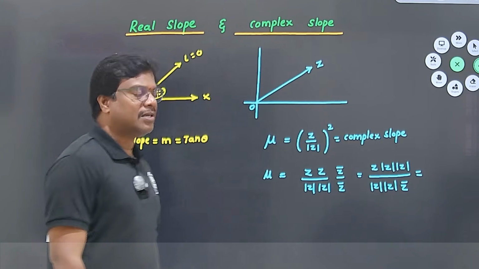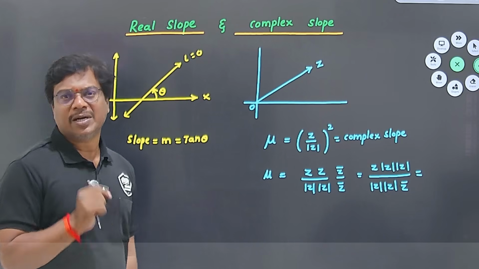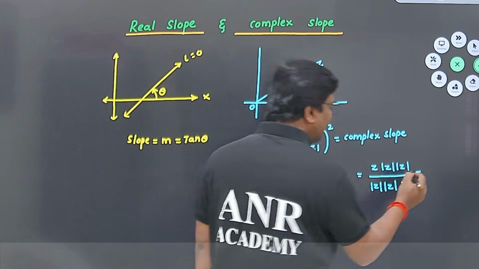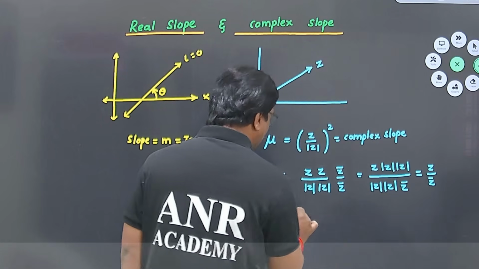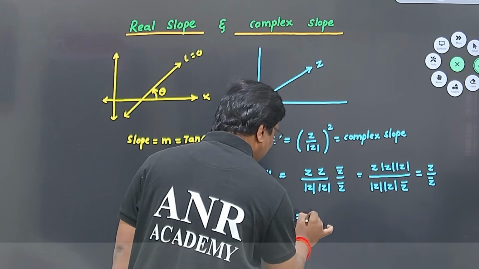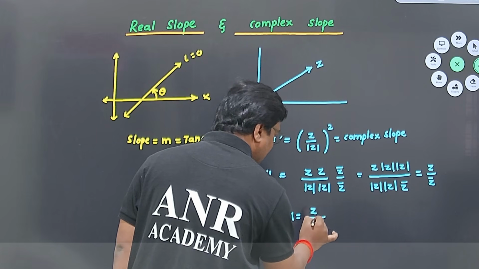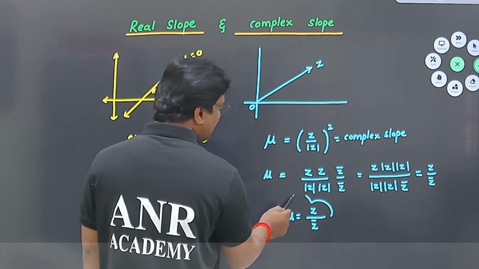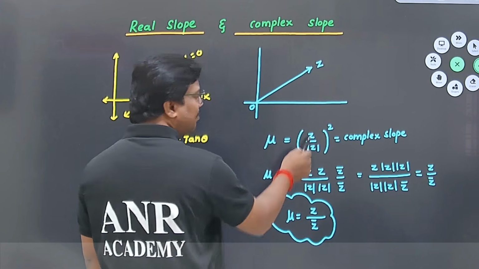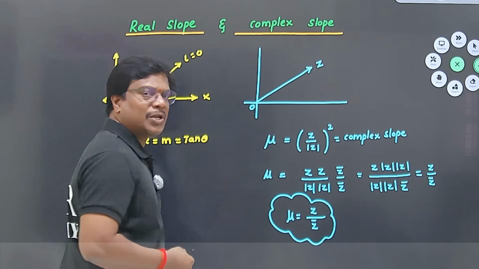The modulus z whole square in the numerator and denominator gets cancelled. Finally, it becomes z by z conjugate. Complex slope is also defined by z by z conjugate.